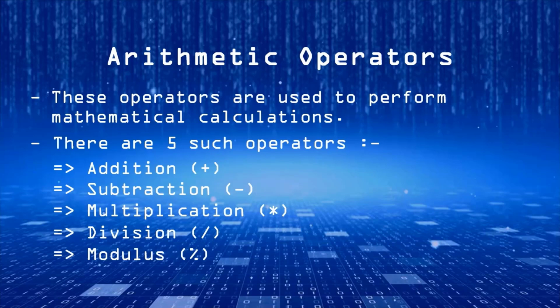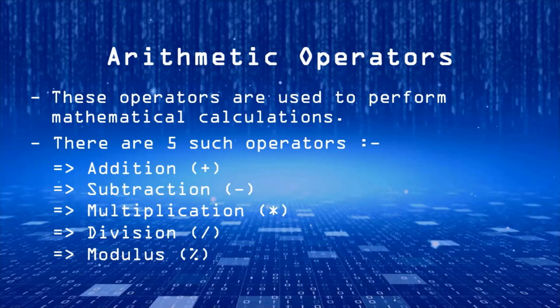So let us understand what these are. Addition is basically addition of 2 values. If we have 2 numbers, we can add them. For example, we have 1 and 2, then 1 and 2 is 3, so the result will be 3. Subtraction, 5 minus 2, that is 3, and the minus sign we used is the subtraction operator.